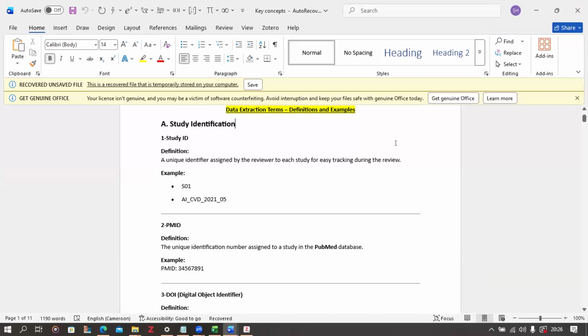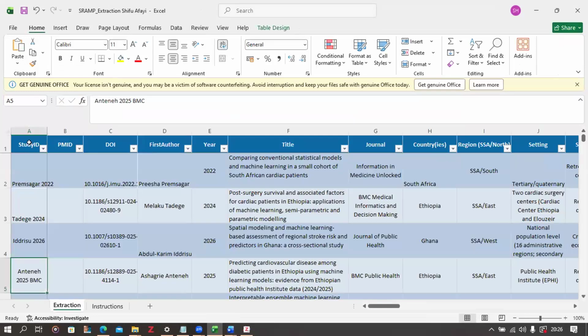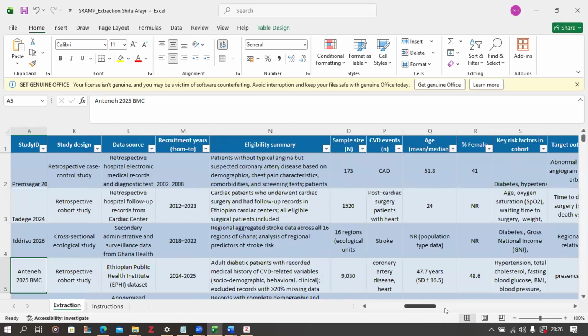So the first part of my work was to understand the respective columns we had in our extraction sheet, which I've just shared here, like the study ID, the first author, and other concepts as we move forward.